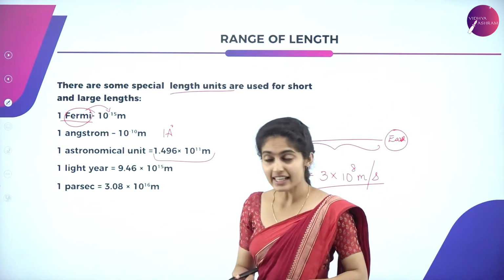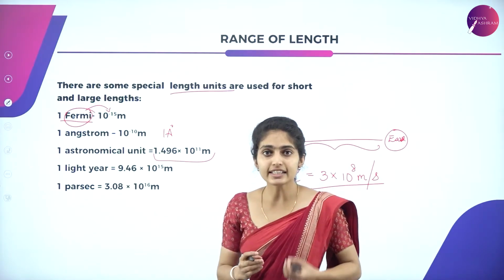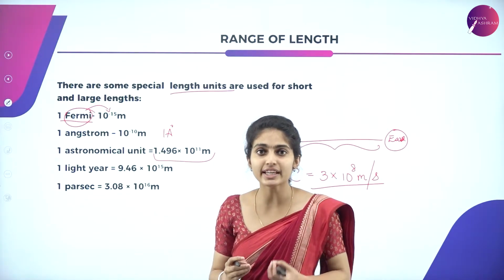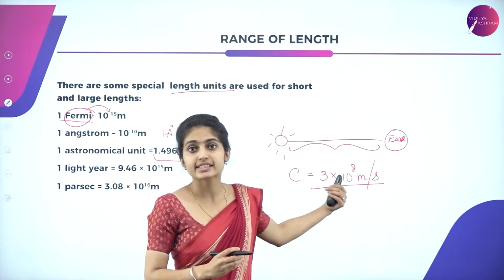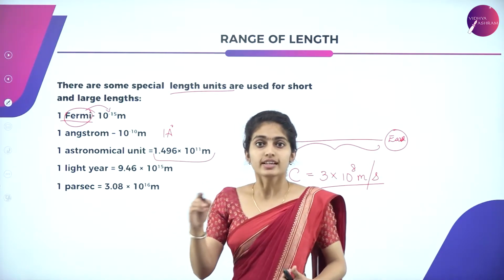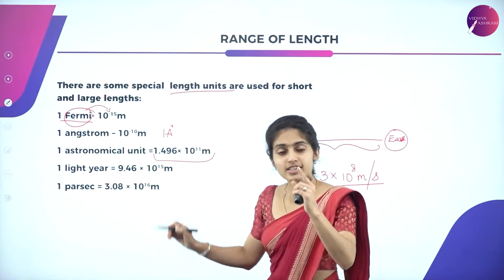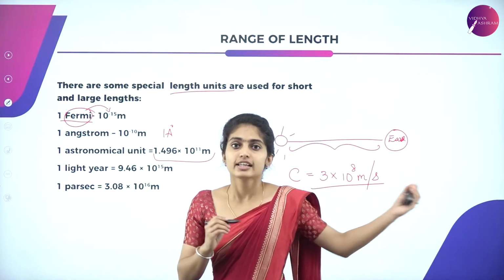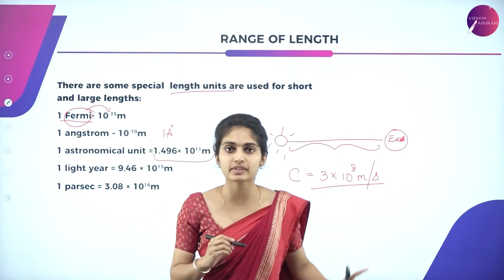Light travels with the speed of 3 into 10 raised to 8 meter per second throughout the year. That one is known as 1 light year. In a year, light travels at this speed, that is 3 into 10 raised to 8 meter per second.